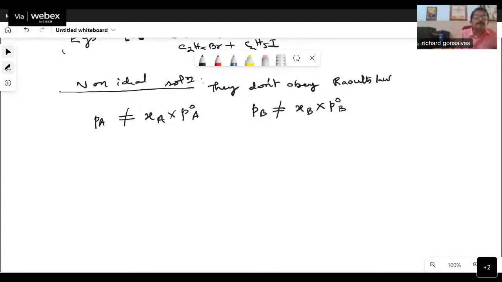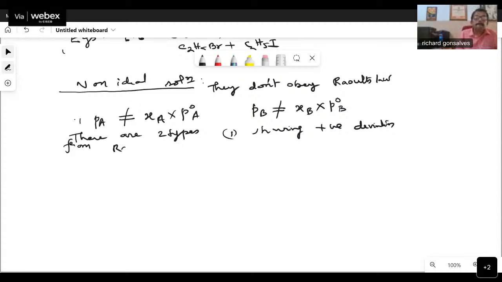Therefore, there are two types of non-ideal solutions. One showing positive deviation from Raoult's law.